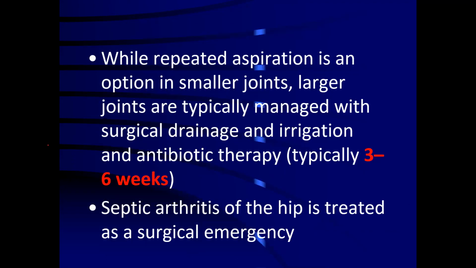While repeated aspiration is an option in smaller joints, larger joints are typically managed with surgical drainage and irrigation and antibiotic therapy, typically 3 to 6 weeks. Septic arthritis of the hip is treated as a surgical emergency.